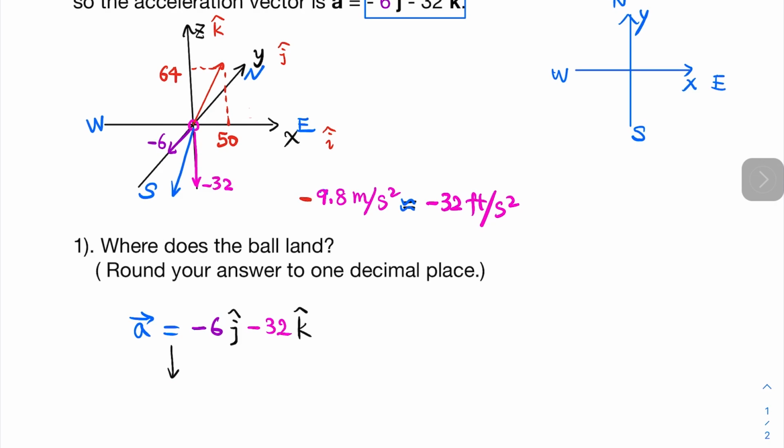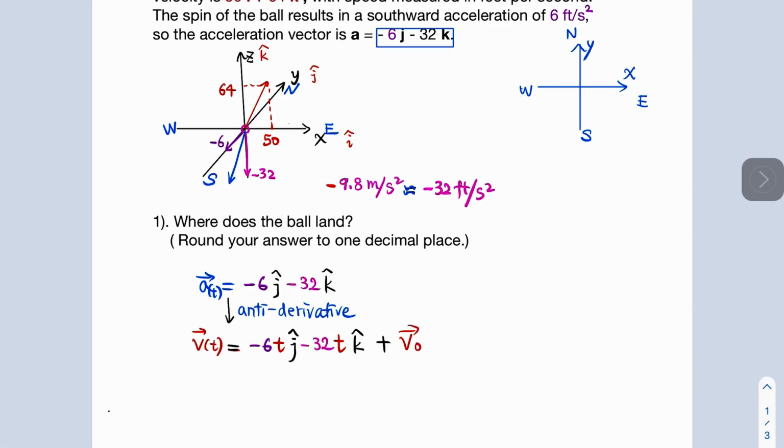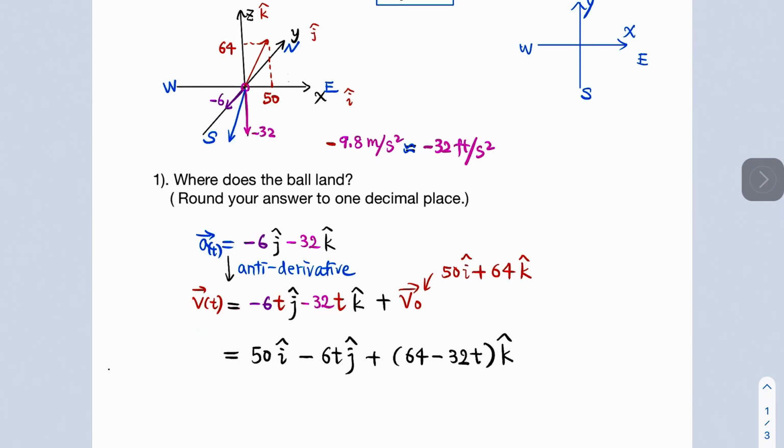We can integrate this, and we end up with -6t j - 32t k plus the initial velocity, which we know is 50i + 64k. Simplifying, we get 50i - 6t j + (64 - 32t) k. So that is the velocity vector.